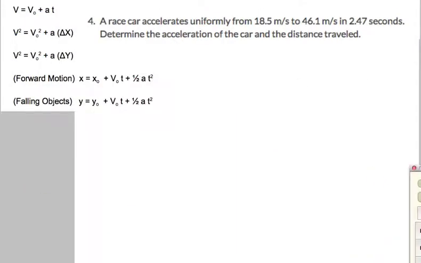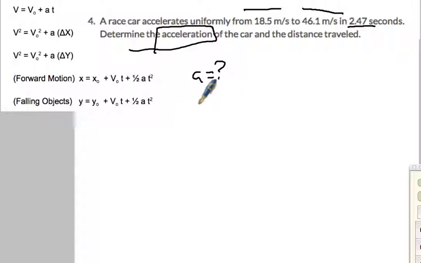Determine a race car's acceleration. This is all acceleration stuff. Uniformly, it's constant acceleration from this to that in 2.47 seconds. Determine the acceleration again. So acceleration is our question mark. Time equals 2.47 seconds.